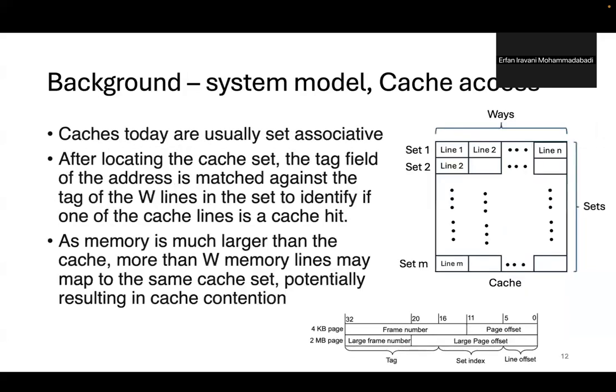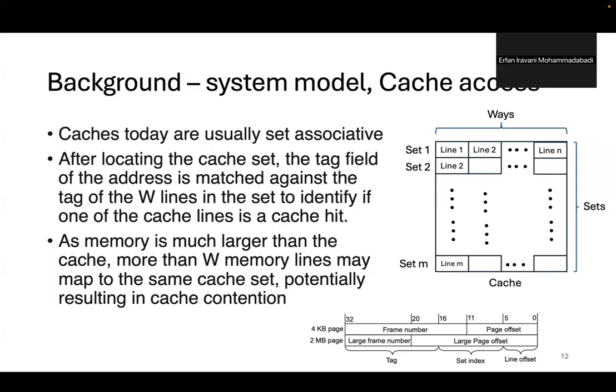Today caches are mostly set-associative, which means that memory addresses are mapped to a specific set in the cache. But each set itself contains multiple cache lines, W ways, or the associativity. When accessing a memory address, the set index is extracted from the address to locate the corresponding set.